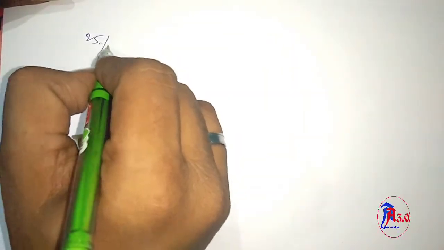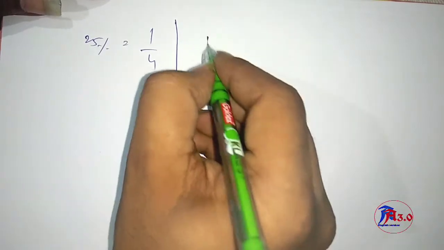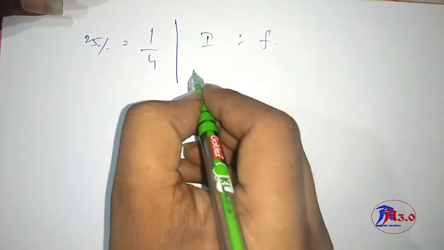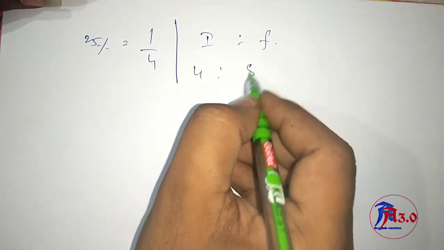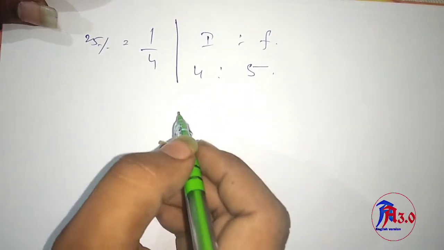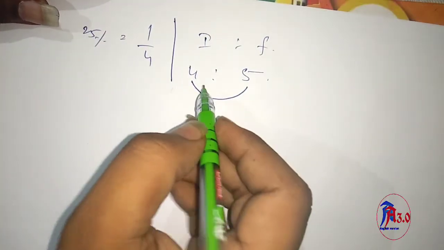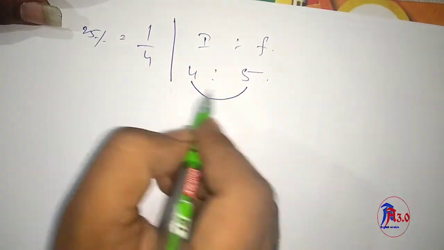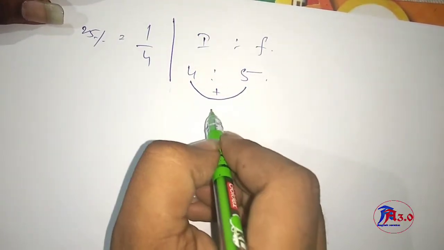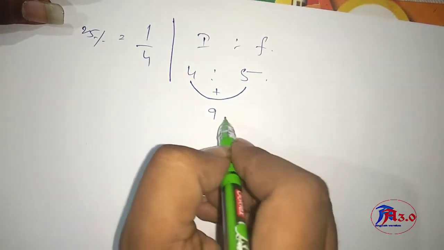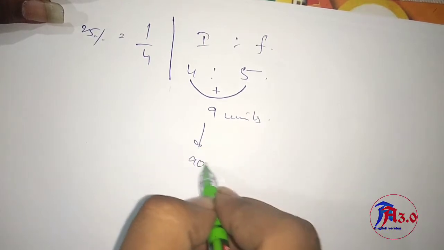In the same way, 25 percentage has fraction value 1 by 4, and considering 4 as our initial number, our final value becomes 5. So what is he asking in the question now? He is asking about the sum of the numbers. In the previous question we subtracted these units, but here we will add both the units. After adding, we get 9 units. In the question, 9 units is given as 900.